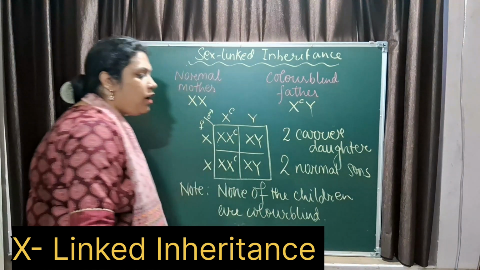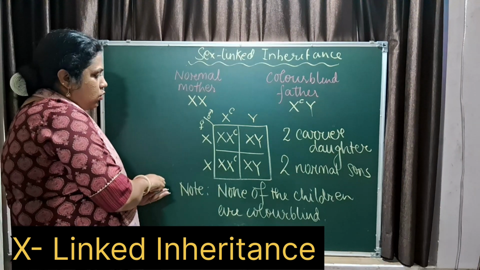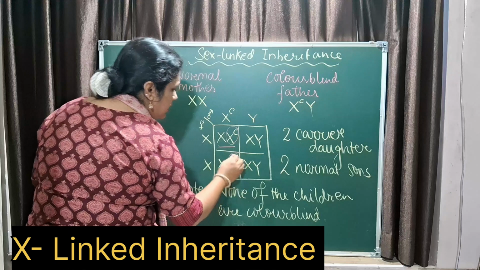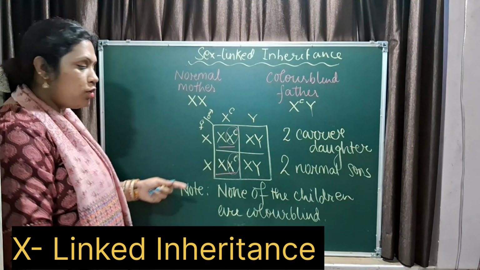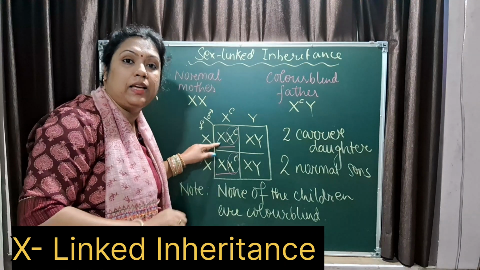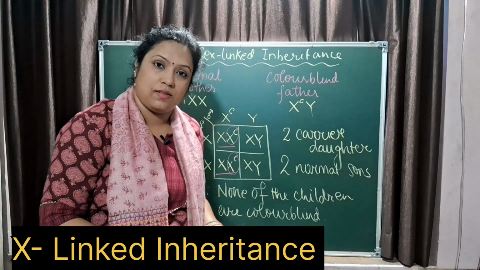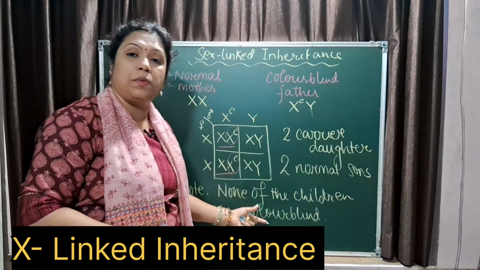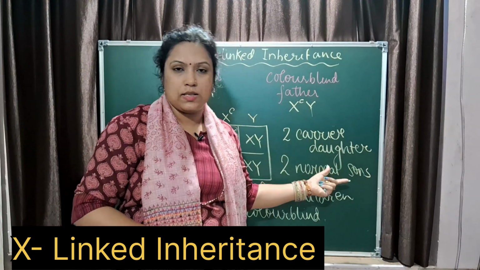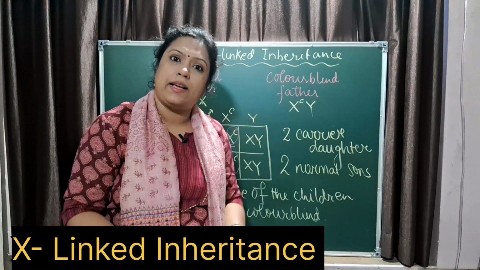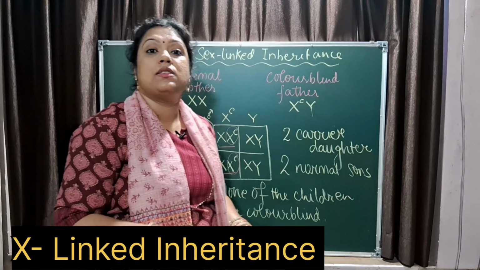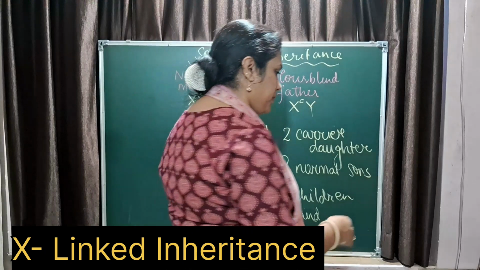Is that clear? None of the children are color blind. These 2 are carrying the disorder, but since they have 2 chromosomes, according to the law of dominance, the one which is healthy will be dominant. So, the daughters will not be color blind, but they will be the carrier of the disease. Is that clear?